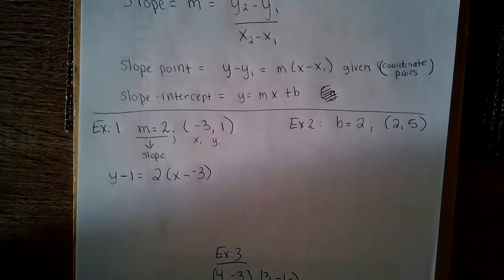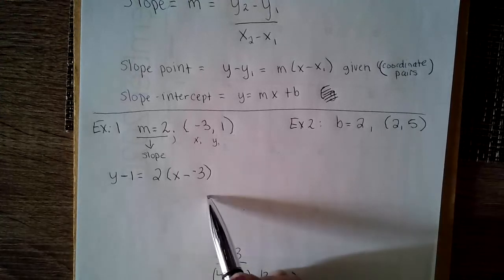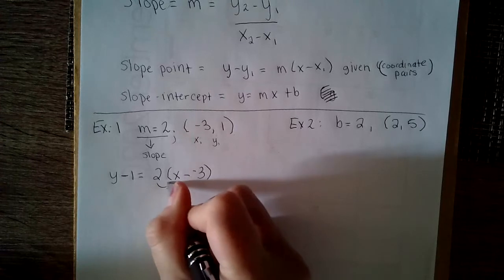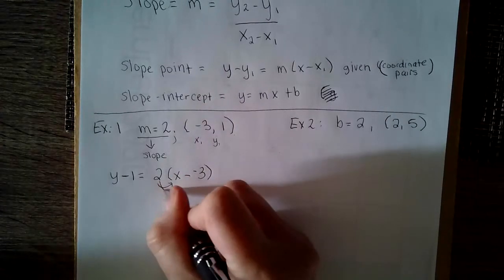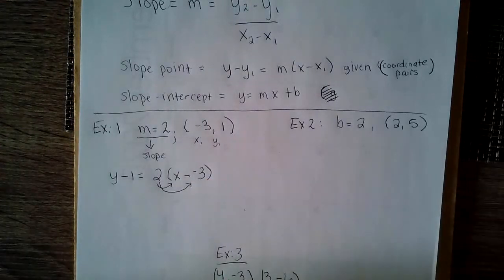Okay, so now all you have to do is the mathematics for it. First off, we have to distribute. So what this means is that I'm going to do a llama love here and a llama love here. But I want to do something before I go ahead and distribute.